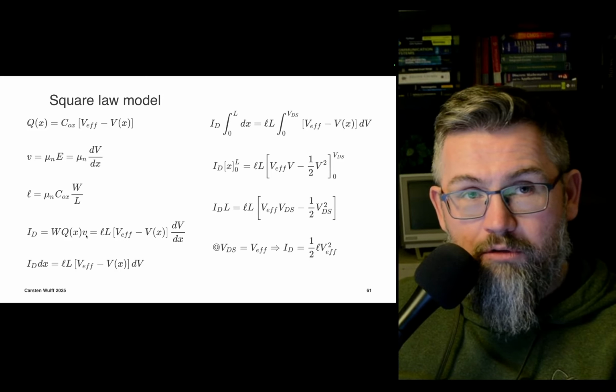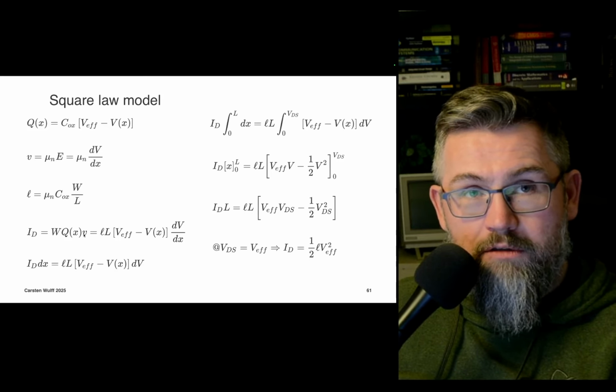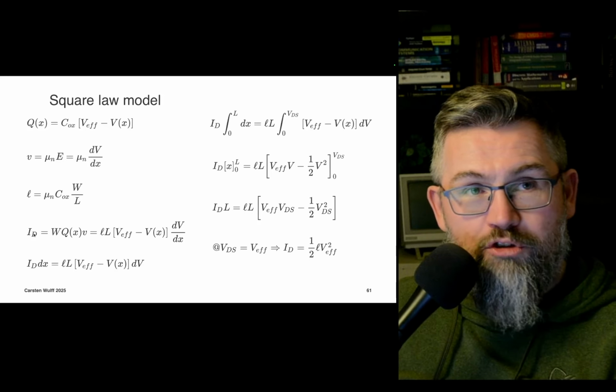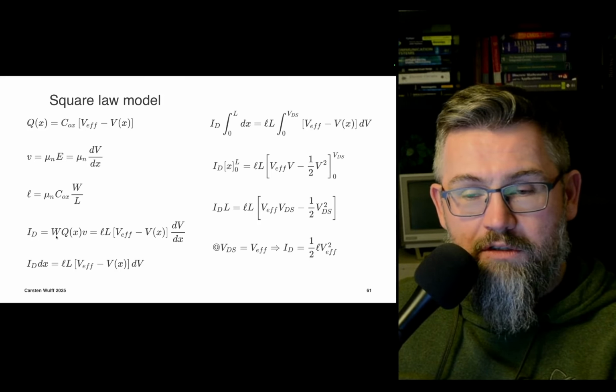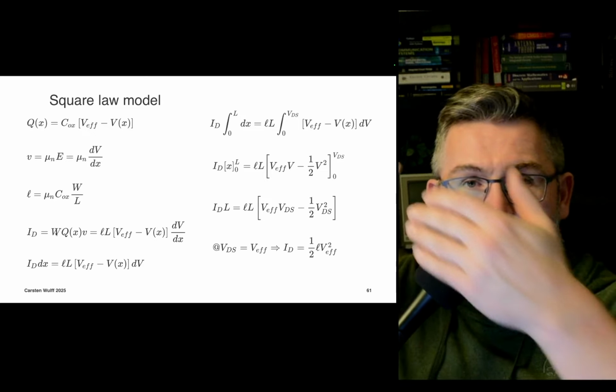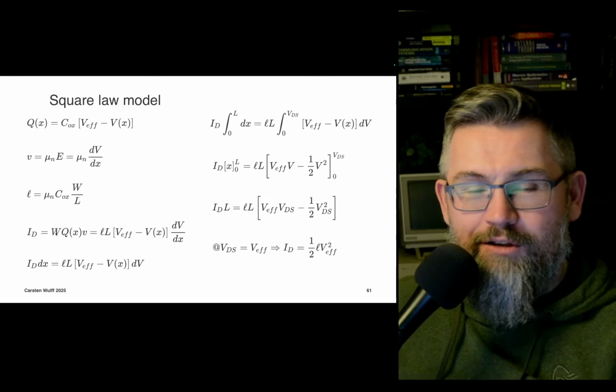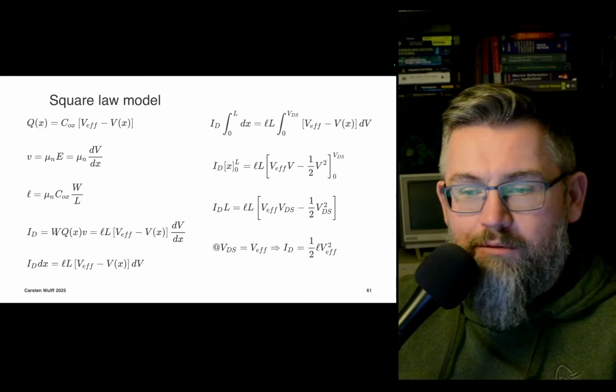So how many electrons move and how fast, that gives us the number of charges per second through this channel. And the width is just the width. The wider it is, the more electrons can flow.